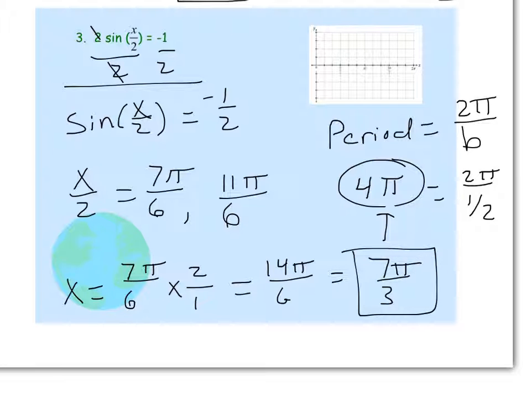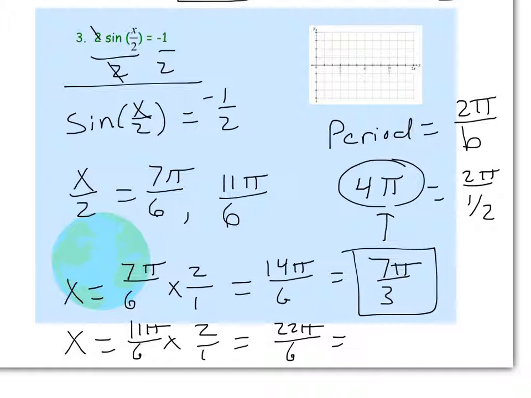There's a solution. 11 pi over 6 times 2 is 22 pi over 6, which would be 11 pi over 3. Now remember, the instructions from the very beginning were to solve this for x from 0 to 2 pi.